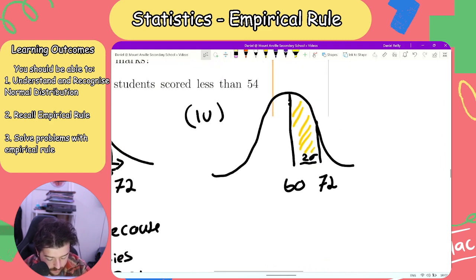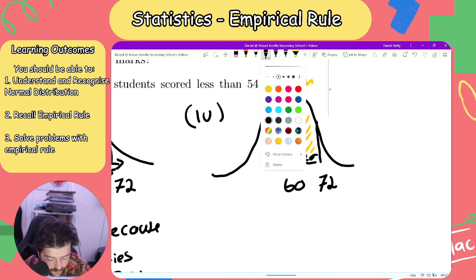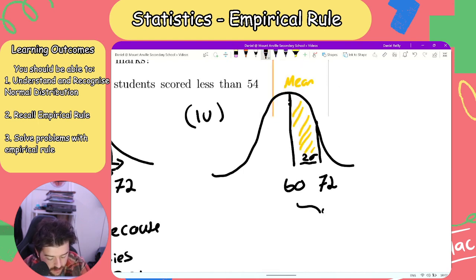Right, I know for a fact, right? So, this is my mean in the middle here. 50% of my data lies over this side, right? But what is this little orange region here? Well, I know 95%.